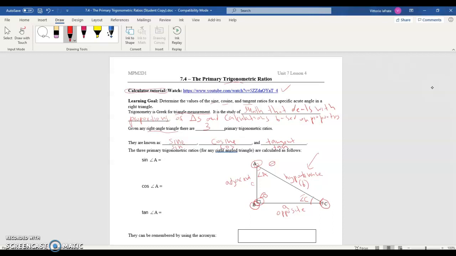And so whenever we ask you for the trig ratios, you need to make sure you label your triangle based on what angle we're asking you for. So for example, if I ask you for the sine of angle A, the sine of angle A is always going to be opposite side over hypotenuse.